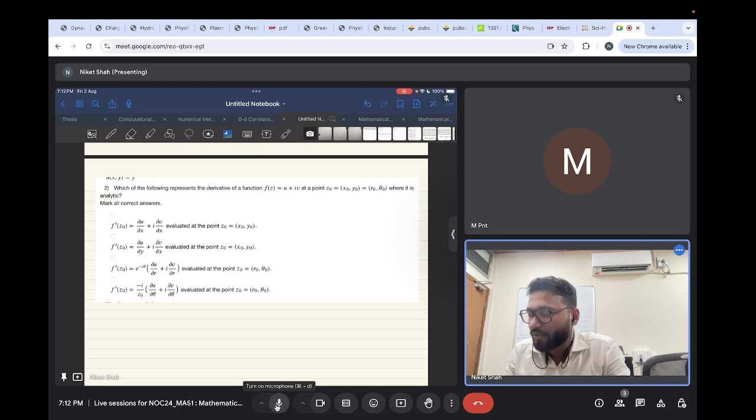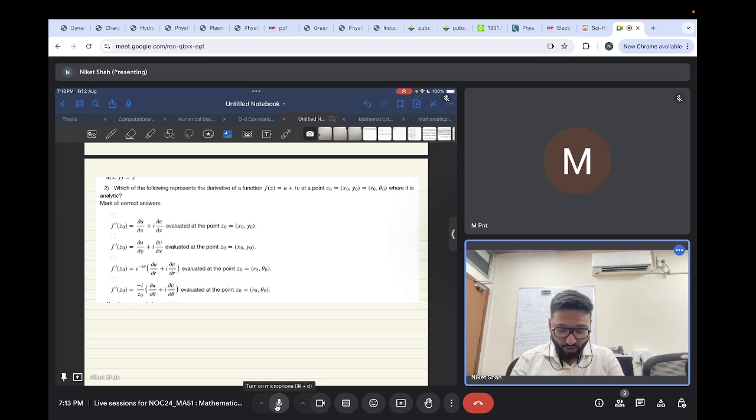Okay, so let's read the question very carefully here now. What does the question say? Which of the following represents the derivative of a function f of z is equal to u plus iv at a point z0 is equal to x0 y0 or z0 is equal to r0 theta 0, depending on how we choose to represent, where it is analytic.